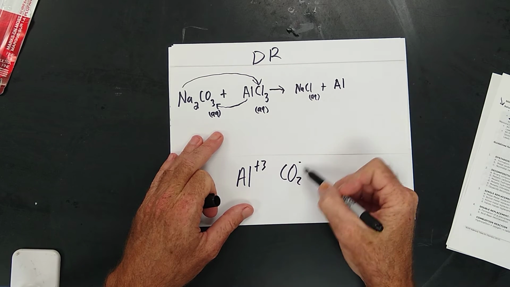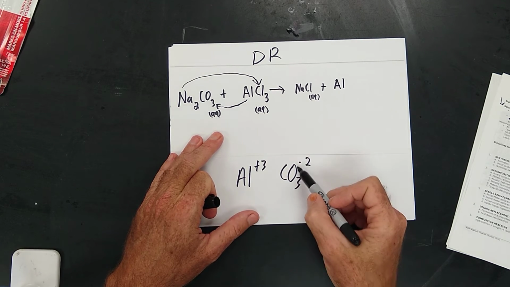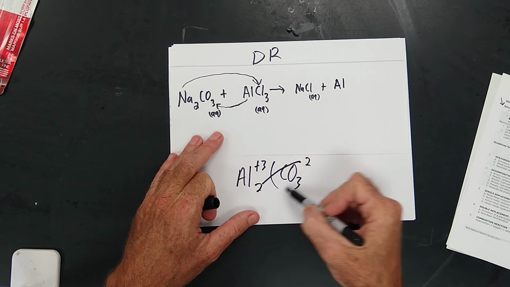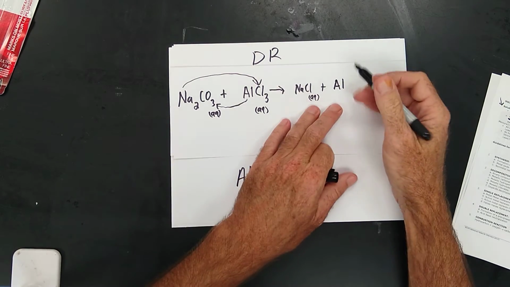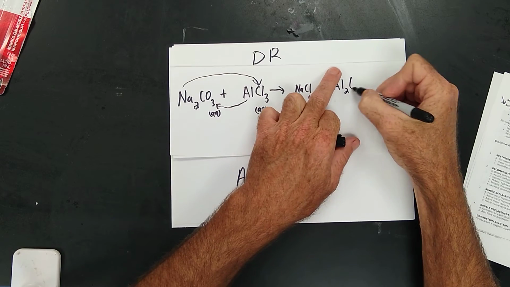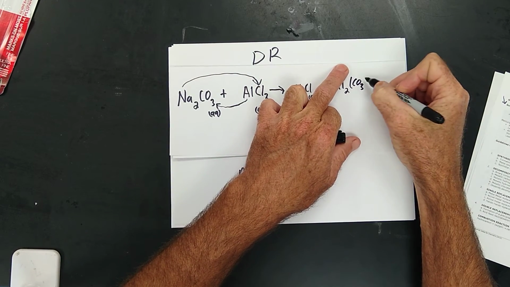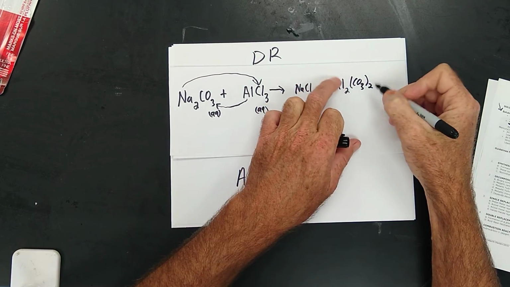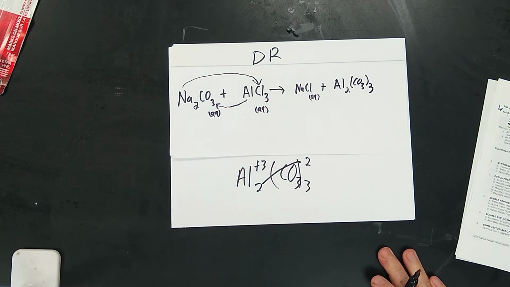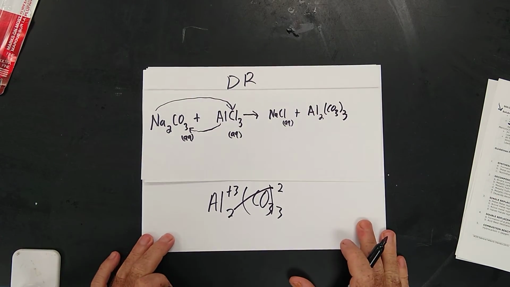Carbonate is -2, right? So it's going to be Al2(CO3)3. You have to write the formula correctly or everything will be wrong. Your balancing will come out wrong.